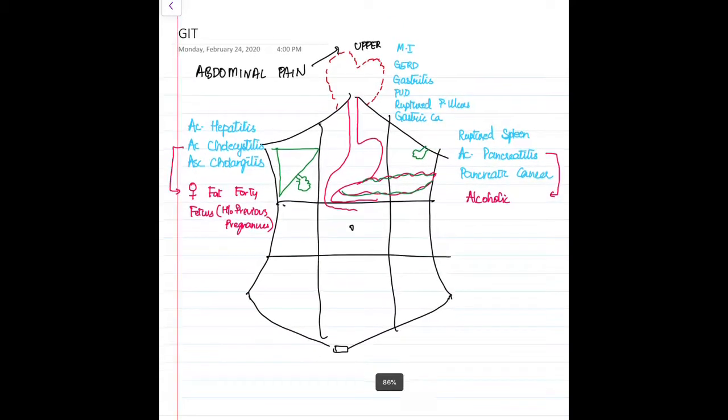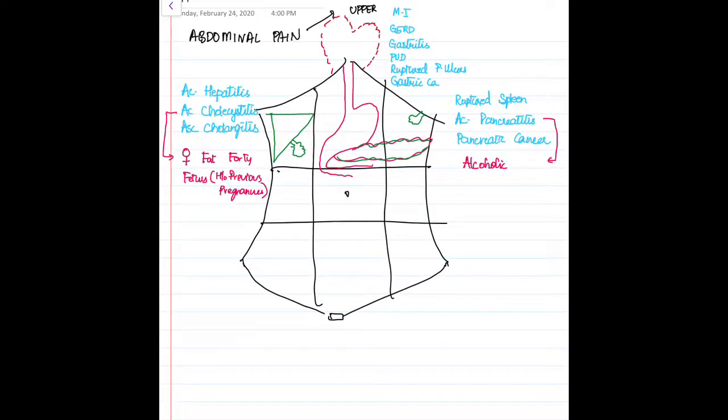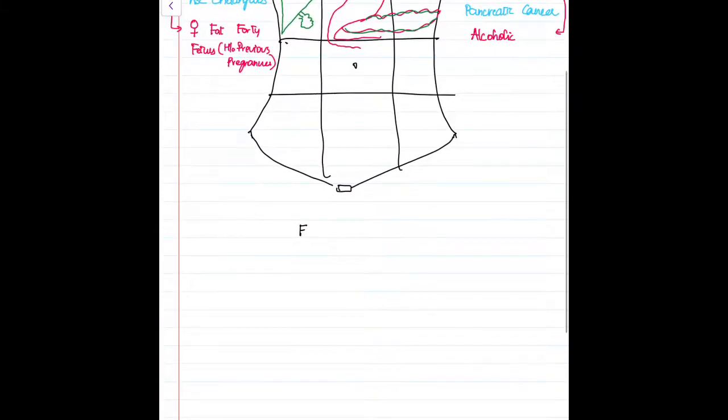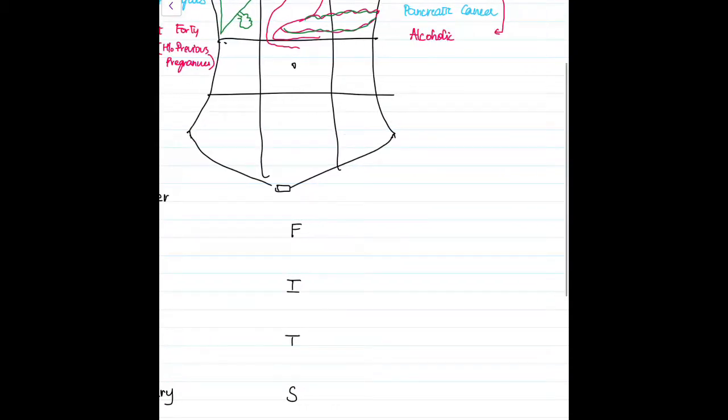Now, let us talk about the questions that we are going to ask for a patient who comes with upper abdominal pain. First thing, food. This is what I'm going to write here. FITS. Fever. And here you're going to ask nausea and vomiting. All right.